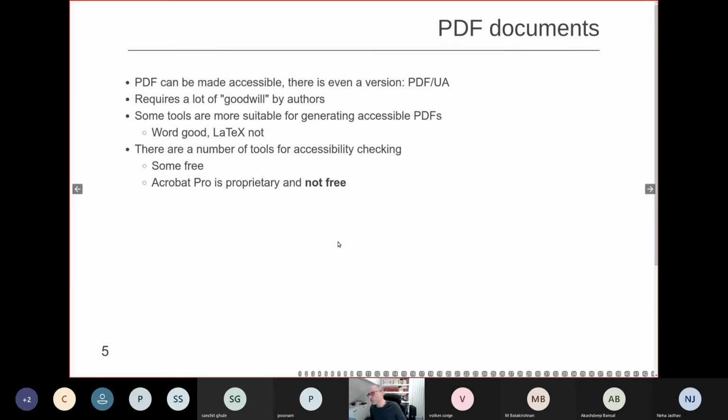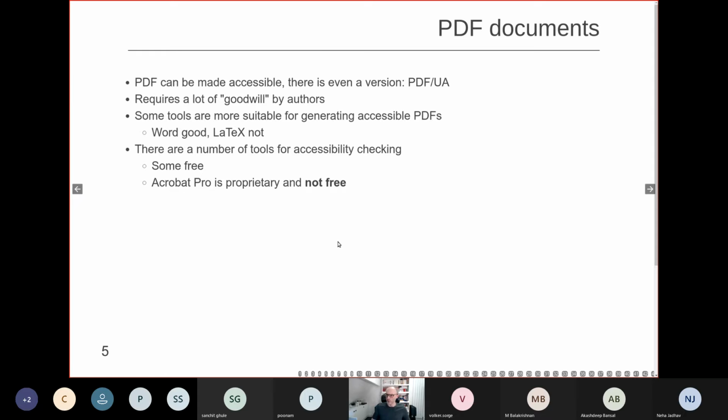So just for PDF documents, I've been slacking off PDF throughout the lecture so far a bit, saying that it's a print-only format in many ways, and that is not entirely true. There's various versions which allow you to make PDF accessible. Particularly, there's the PDF UA, which is Universal Accessible Standard, I believe.